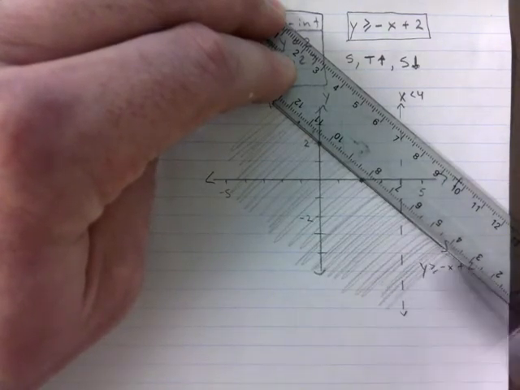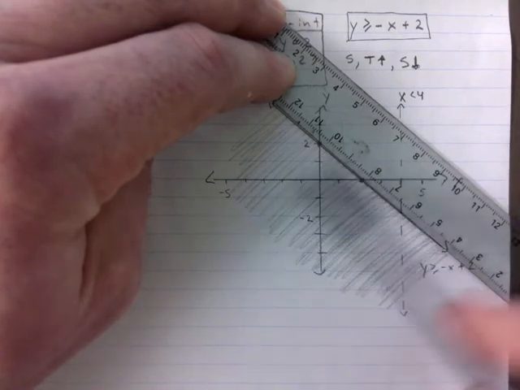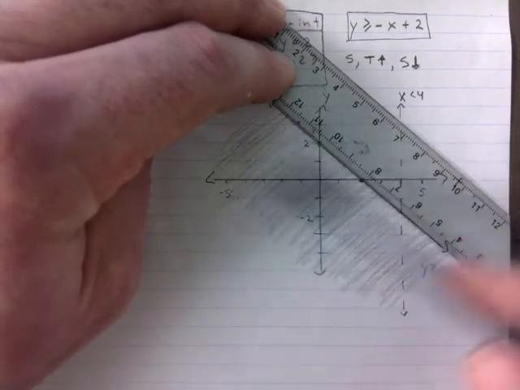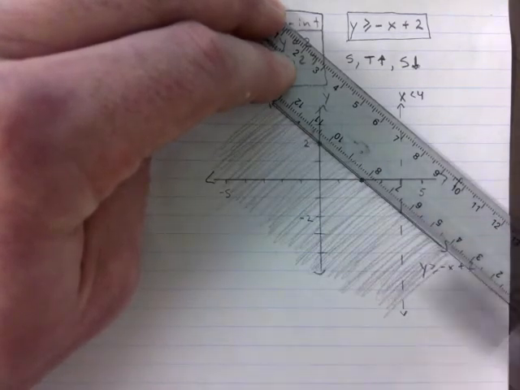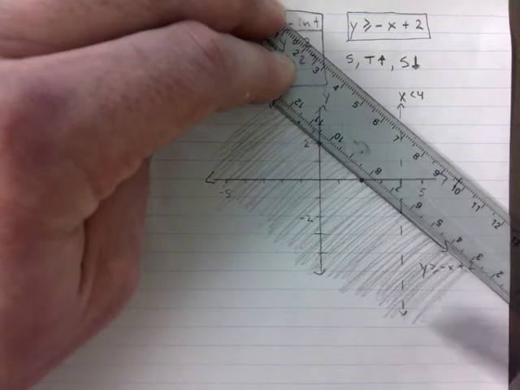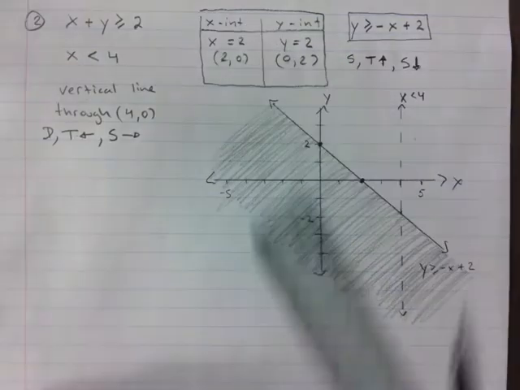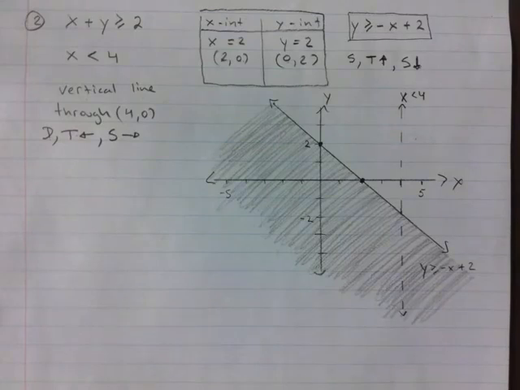And I'm shading the false region, all right? So it's almost like I'm getting rid of what isn't going to work. Okay, so I go along that line as far as you can, just shade everything underneath it.